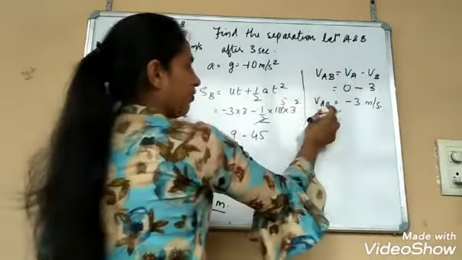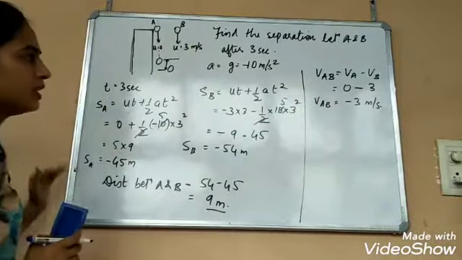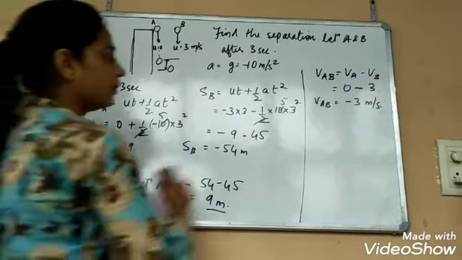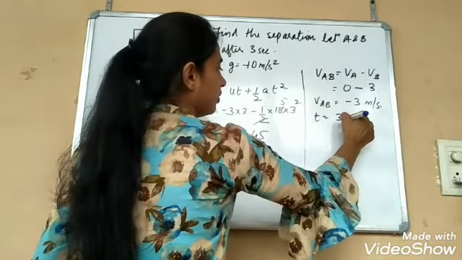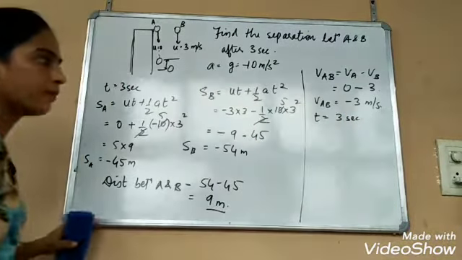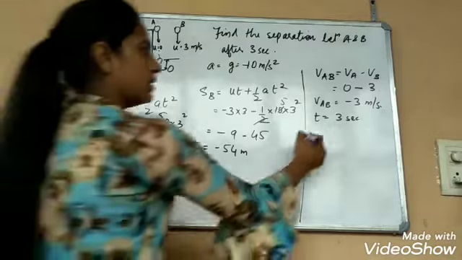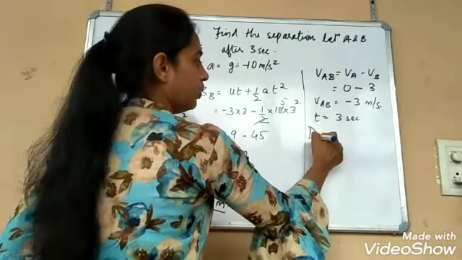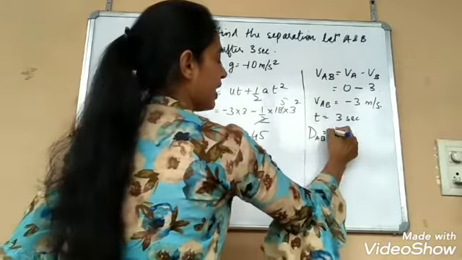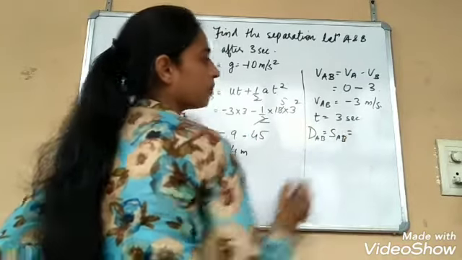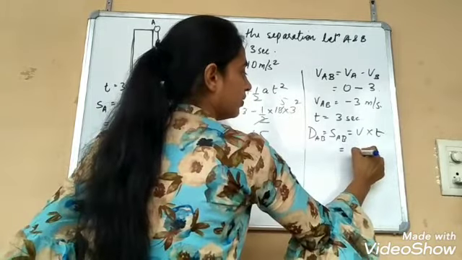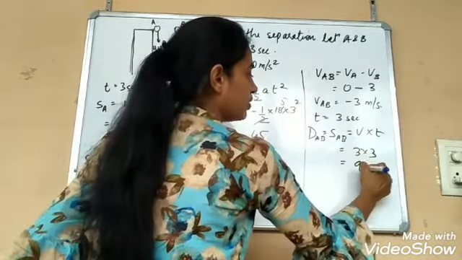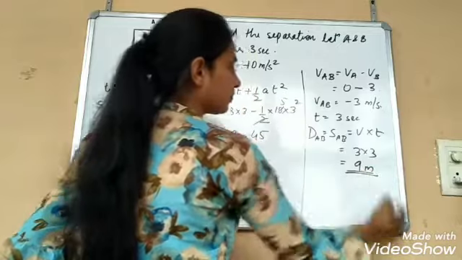Time is not relative, so time taken by both of them is 3 seconds. So distance between A and B, that is SAB, will be velocity into time, that is 3 into 3, equal to 9 meter.